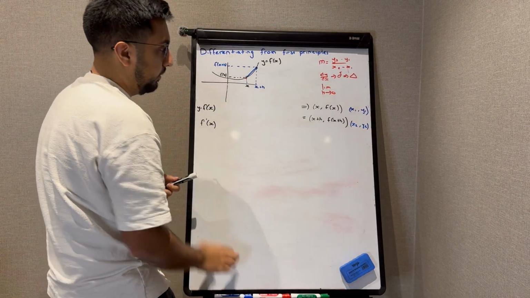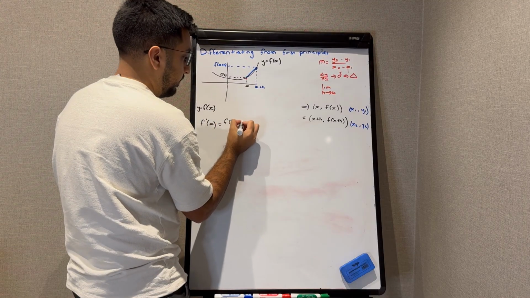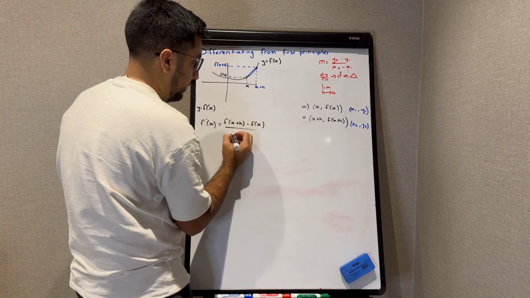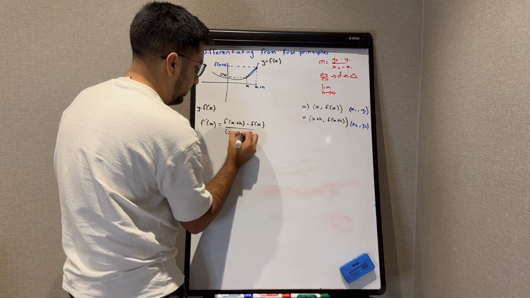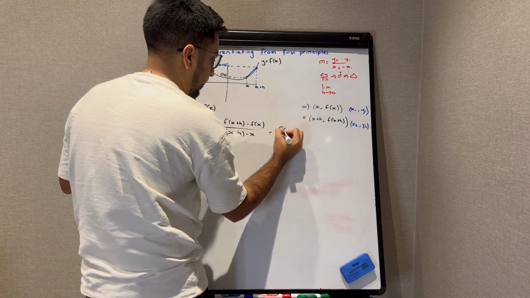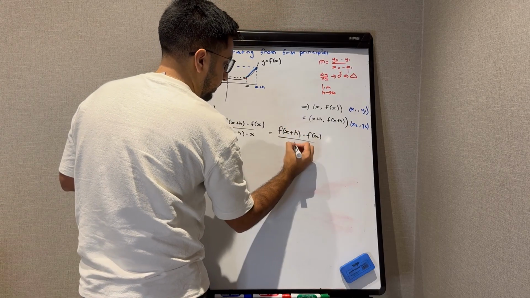So let's plug in the formula. So we get y2 minus y1 over x2 minus x1. And we can simplify that to give us this.